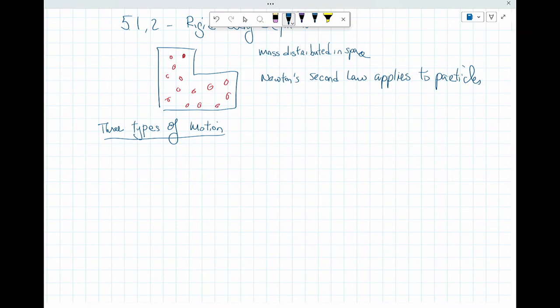Newton's second law, which was sort of the bulk of everything you did in chapter 3 and 4, is really applicable only to particles. We're going to be switching to Euler's laws, or Euler-Newton laws, but they're essentially the same.